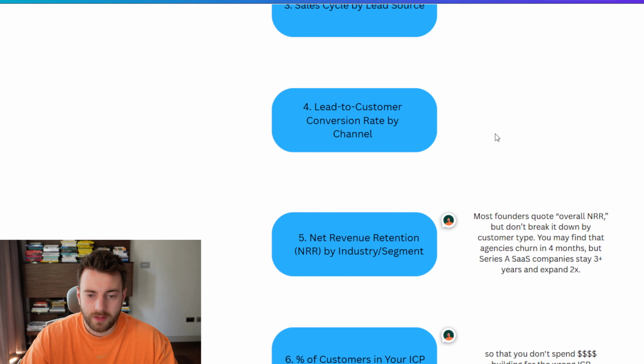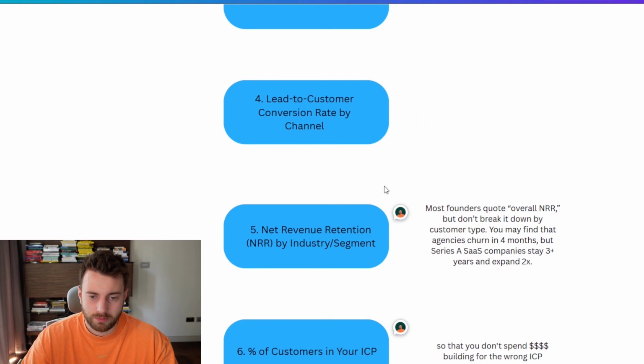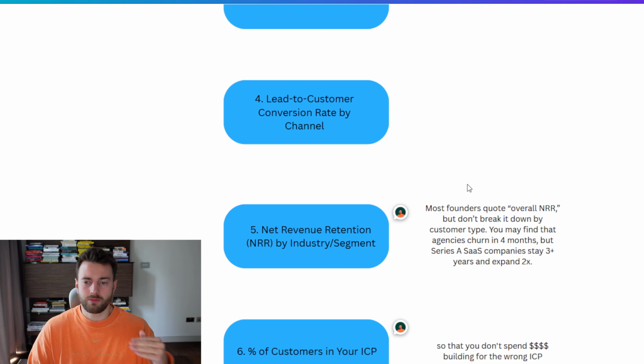Next one is net revenue retention by industry segment. So here I have a note that most founders quote overall NRR, but don't break it down by customer type. You may find out that agencies churn in 4 months, but Series A SaaS companies stay for 3+ years and expand.